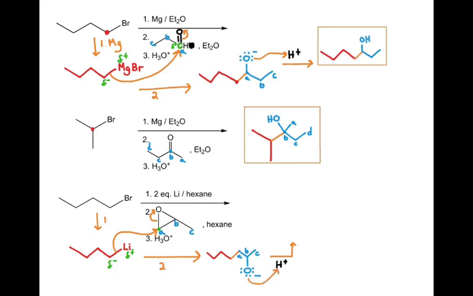So the alkoxide will attack our H plus to give us our final product. 1, 2, 3, 4 carbons. Now we attach our electrophile: boom, boom, 3 carbons, and we have our OH.